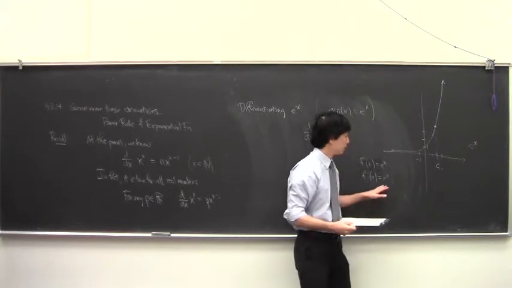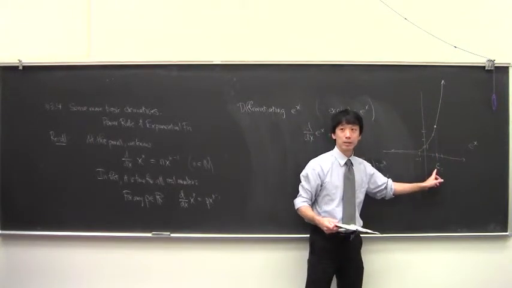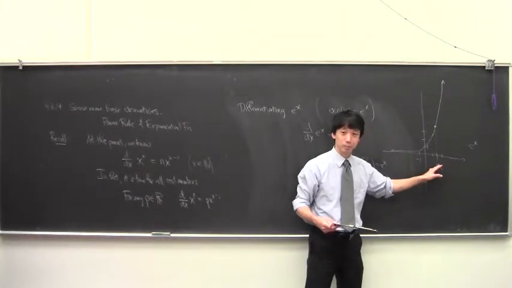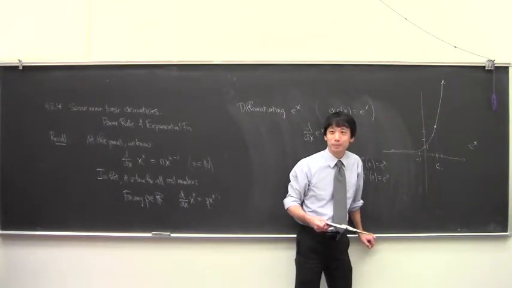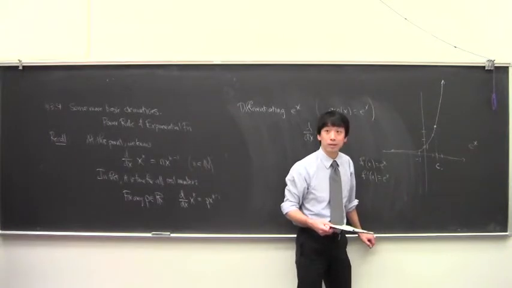So what does that tell me about the graph here? Can anyone make some statement about this? Yes, Stefano. That the instantaneous slope, the increase there, is the same as the value that's there.